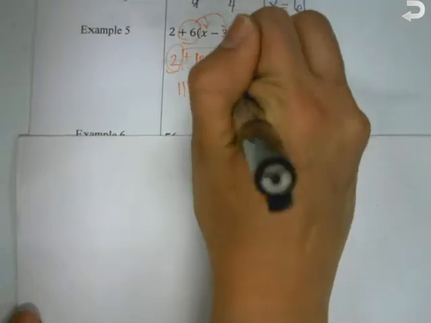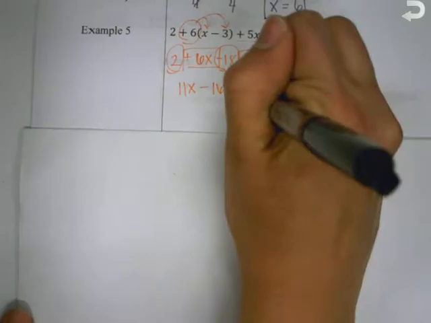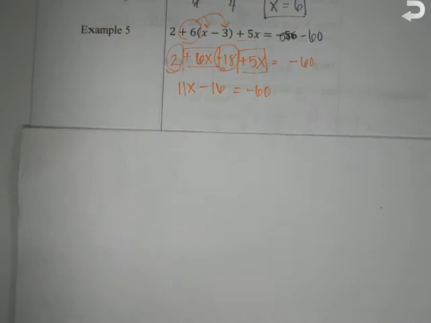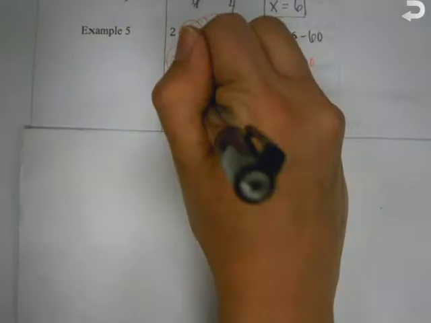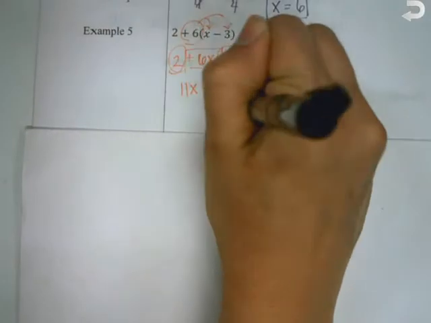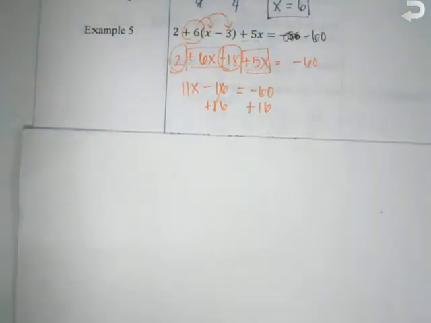Are all of my x's on one side? Yes. Are all of my numbers on one side? No. What do I have to do? Add 16. So that gives me 11x equals, what's negative 60 plus 16?